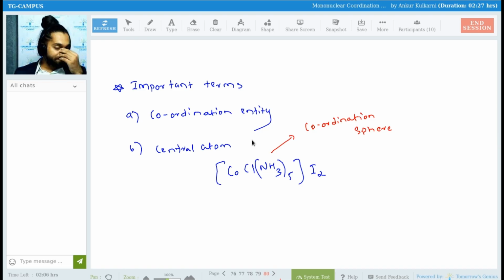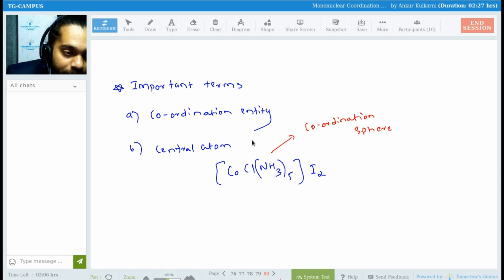What is the central atom? Yes, Anthony, try. Kevin, what will be the central atom? See, central atom means the main atom to which everything is attached.